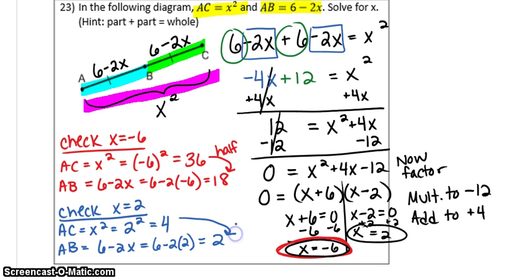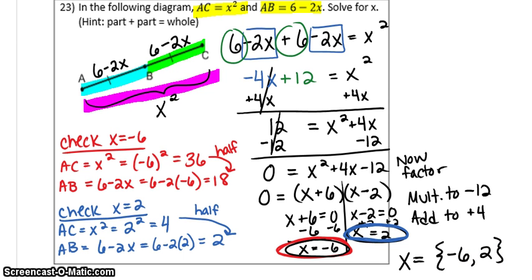Again, we're supposed to see a relationship here where AC is twice the length of AB. In other words, AB is half the length of AC. That is what we're finding here. So for this example, we actually have two solutions that work. X can equal both negative 6 and 2.